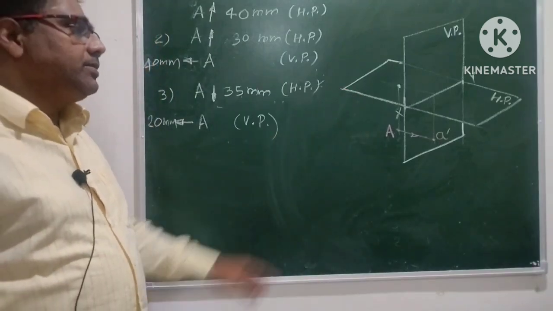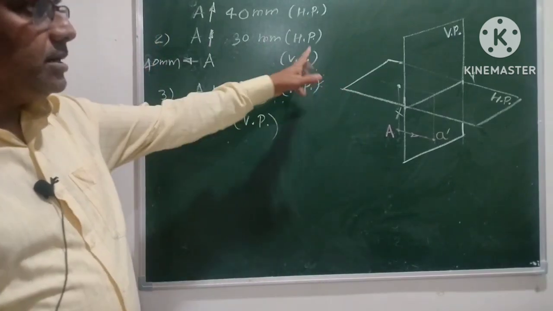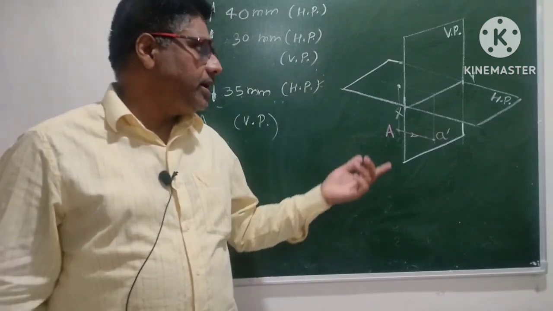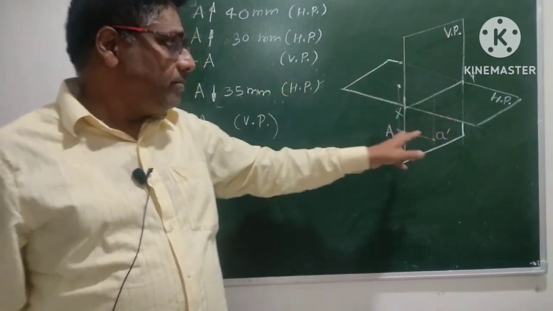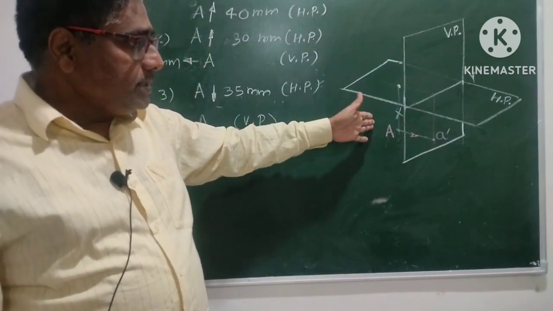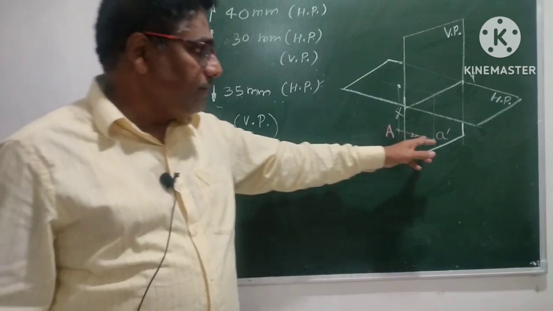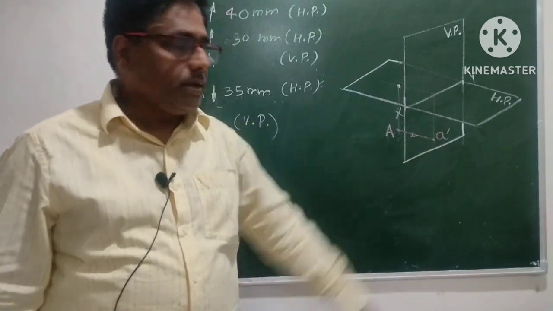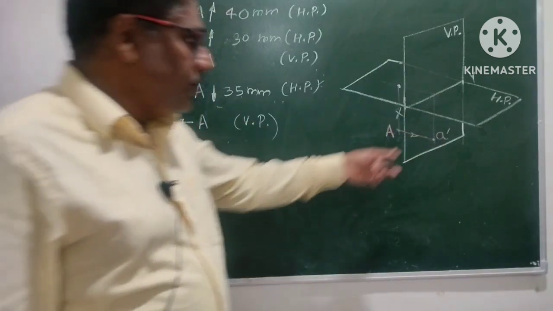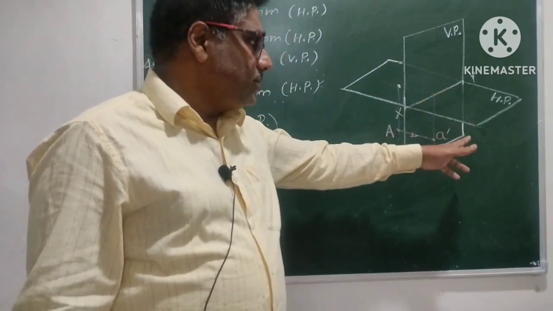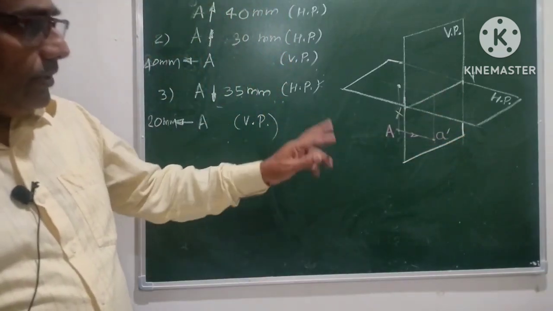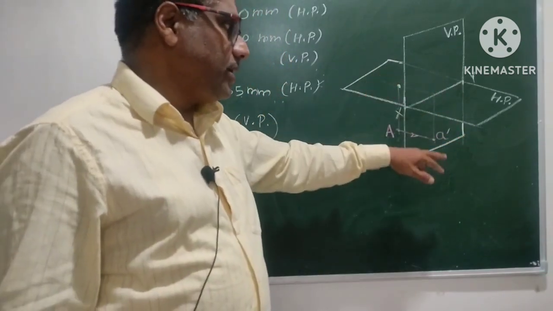When the point was in the first quadrant and second quadrant, at that time we were getting the front view above xy. But when the point is in the third quadrant, we are getting its front view below xy. Even if it is in the fourth quadrant, the front view will be below xy.